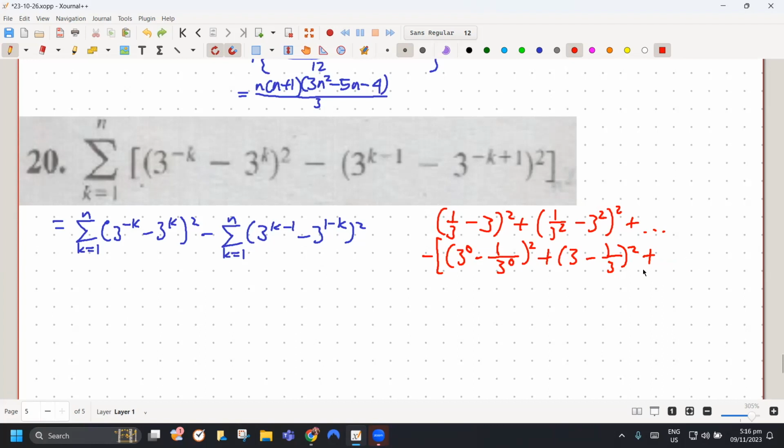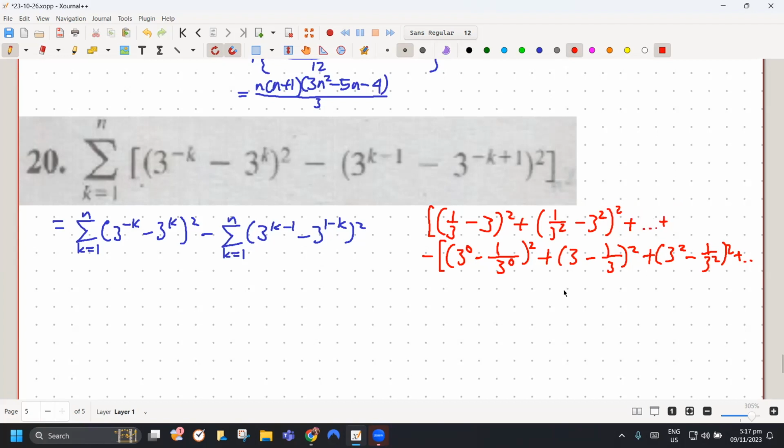Third term ng sum. Okay. Huwag na. So ito lang.